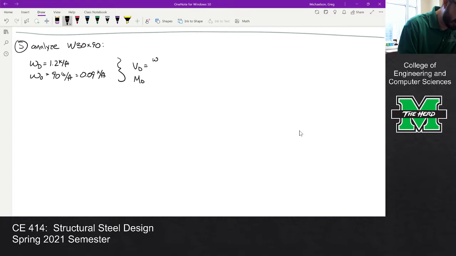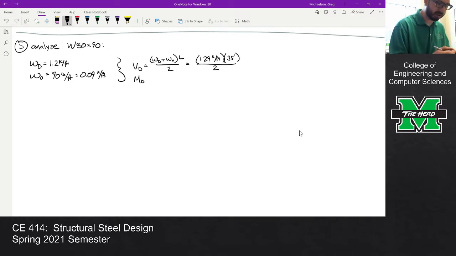So VD is (WD plus W naught) L over 2, which is 1.29 kips per foot times 35 feet over 2, so 22.575.